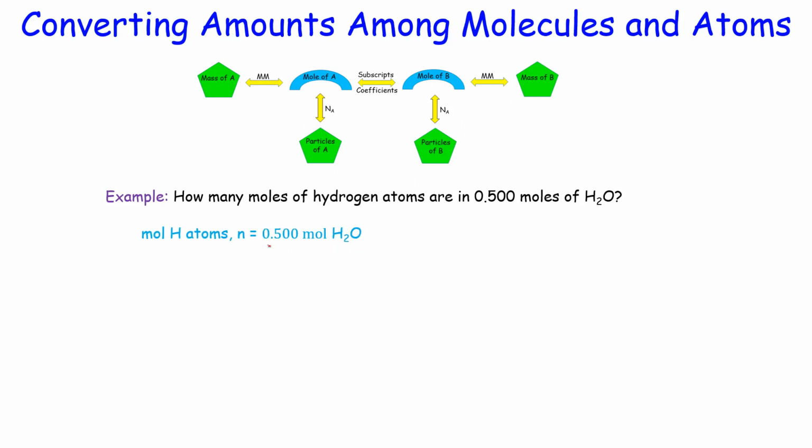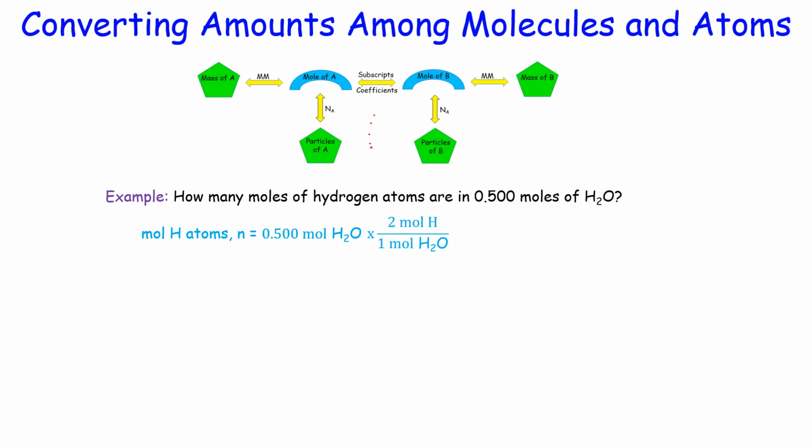We know the number of moles for water, that's given, 0.5 moles, multiplied by the conversion factor. We are converting from moles of water to moles of hydrogen atoms.